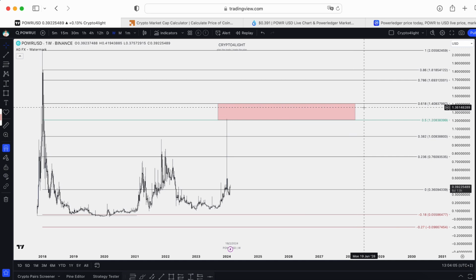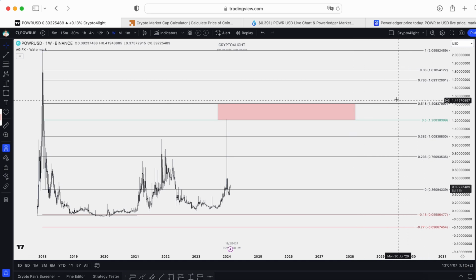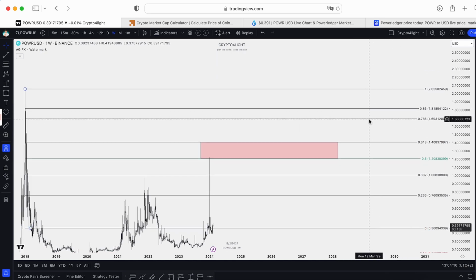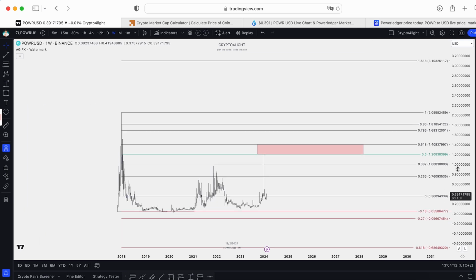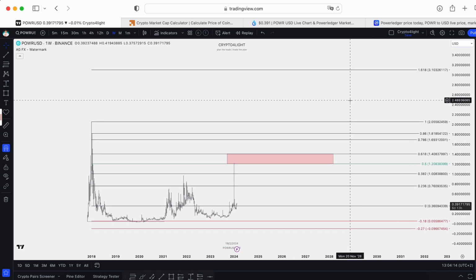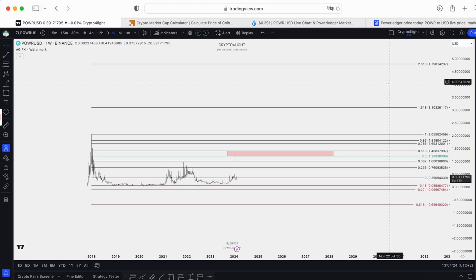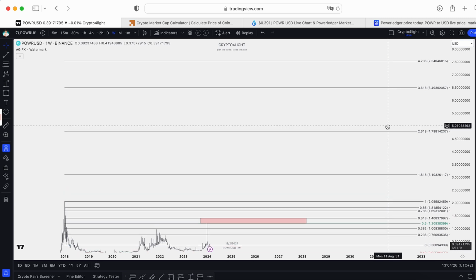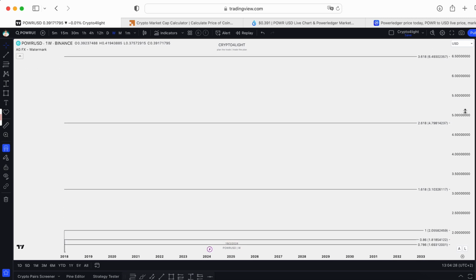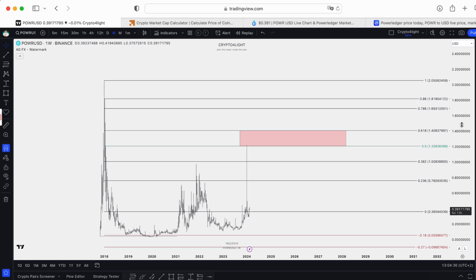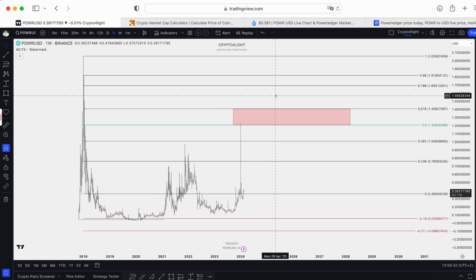That's why more likely we're going to test $1.40 and this block $1.69, $1.81. The most bullish scenario for me personally is a 1.5 billion market cap, $3.10. You can build your own plan and even wait for $4.79, $6, $7. Of course, you have to always follow your plan. I just showed you my idea.